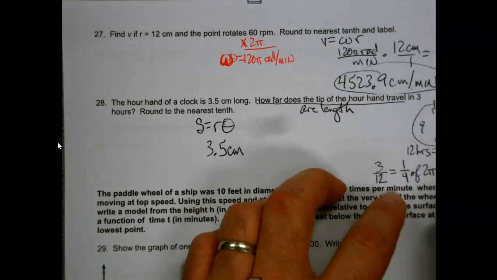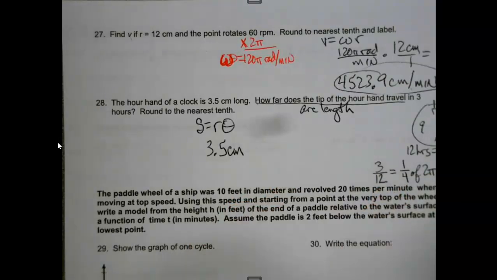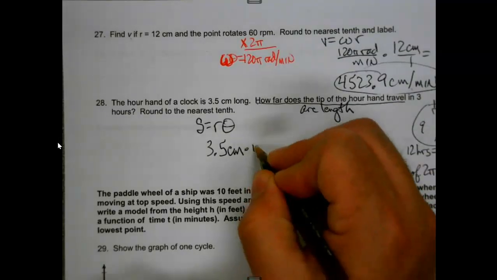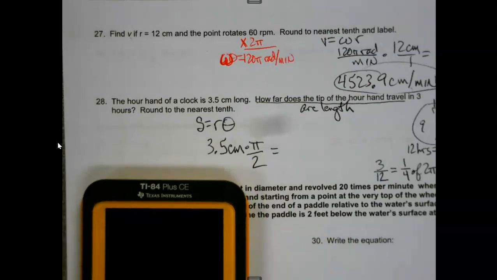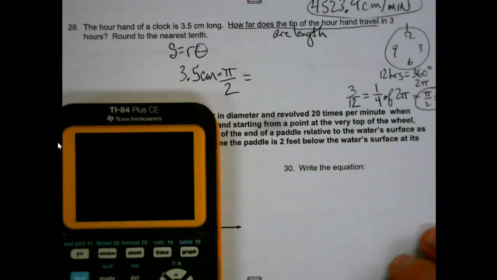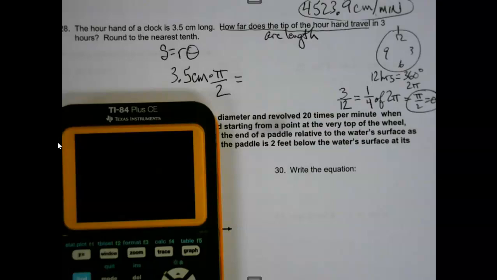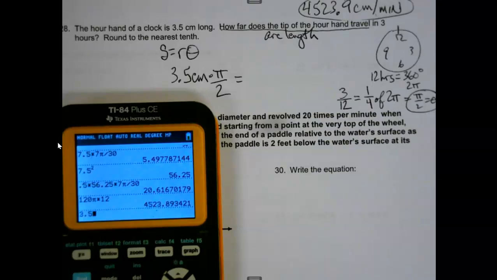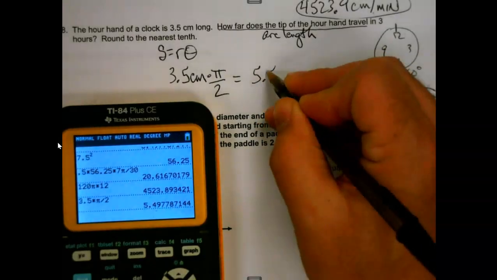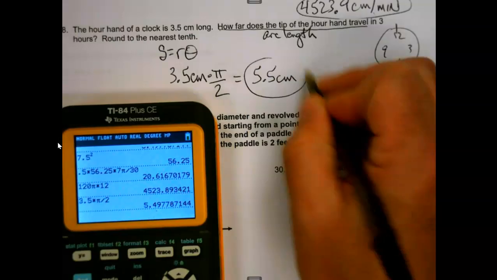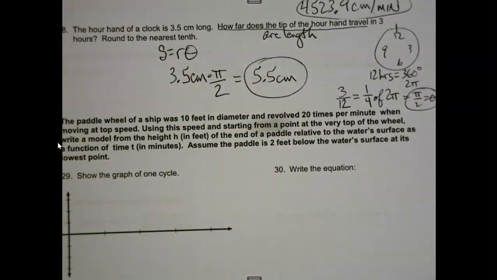And 2 pi over 4 reduces to pi over 2. So that's what we're multiplying by here. So we got 3.5 times pi divided by 2. Again, just distance, 5.5 centimeters.